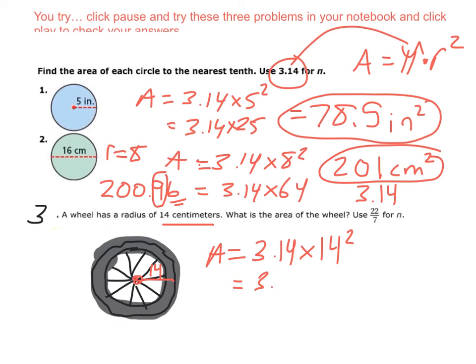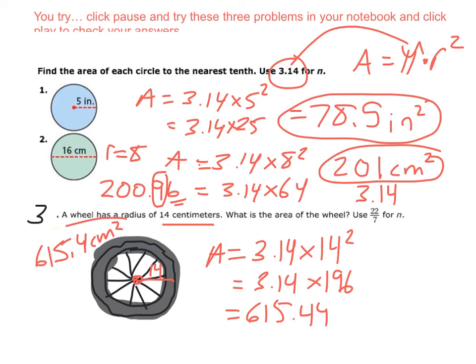So 3.14 times 196 is 615.44. If I round this to the nearest tenth, it'd be 615.4 square centimeters for a final answer.